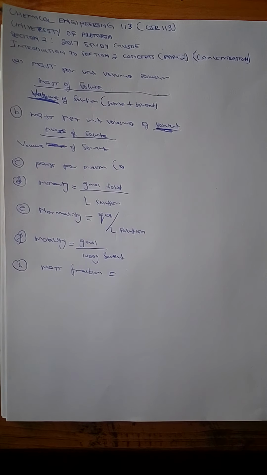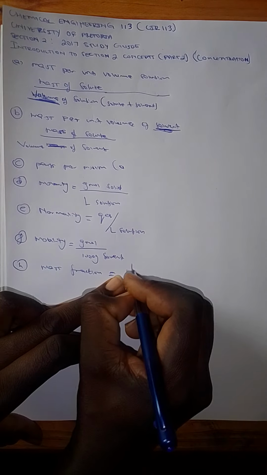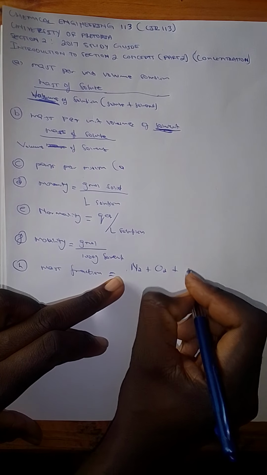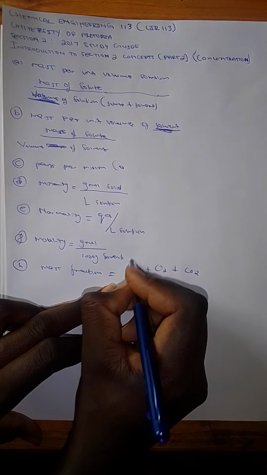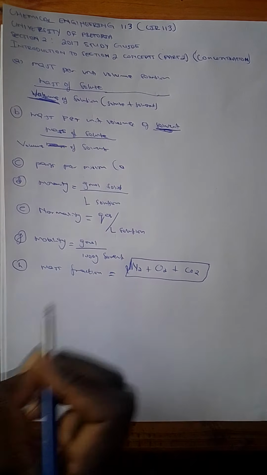So this one is also not so difficult. If I were to make it a little bit more practical, let's say you have nitrogen plus oxygen plus CO2. Let's say these are the 3 that you're working with, and you know their masses.